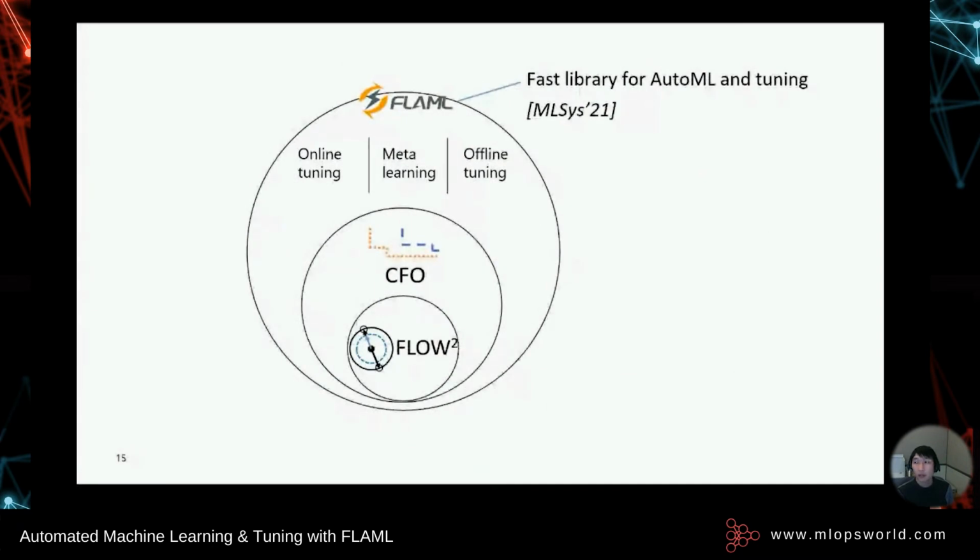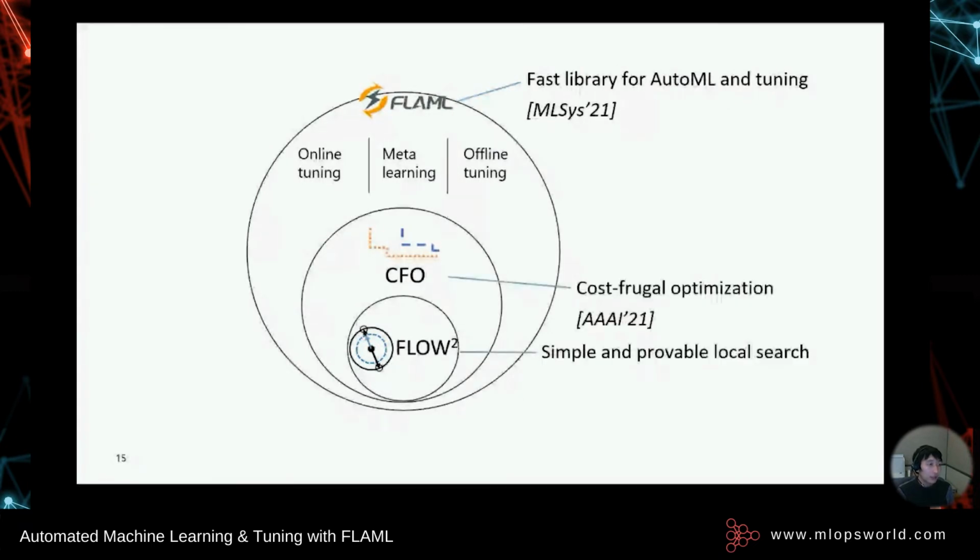Here's a picture about the research technologies invented in FLAML. We begin with inventing a simple and provable local search algorithm called FLOW2. And with that, we develop a cost-frugal optimization method, CFO, which has superior empirical performance. That's the core hyperparameter optimization method of the library.